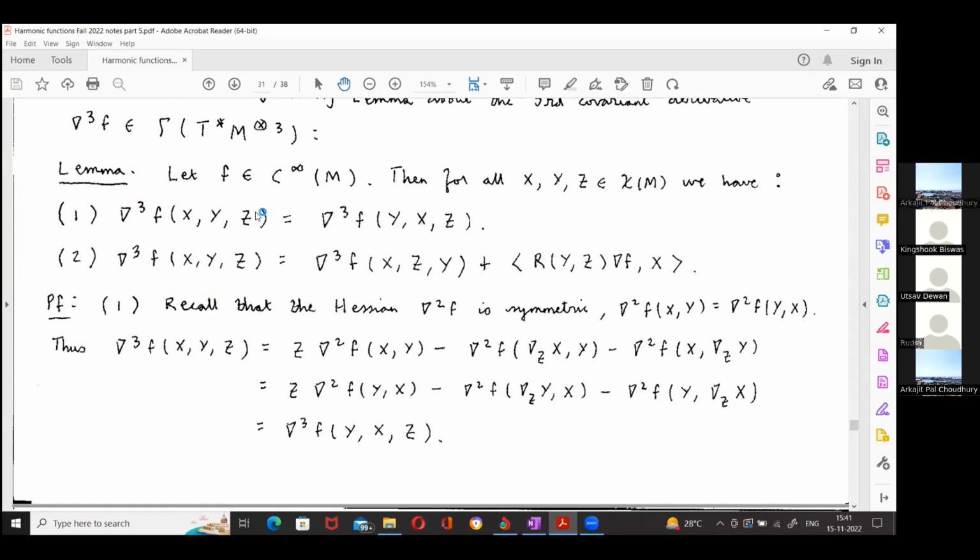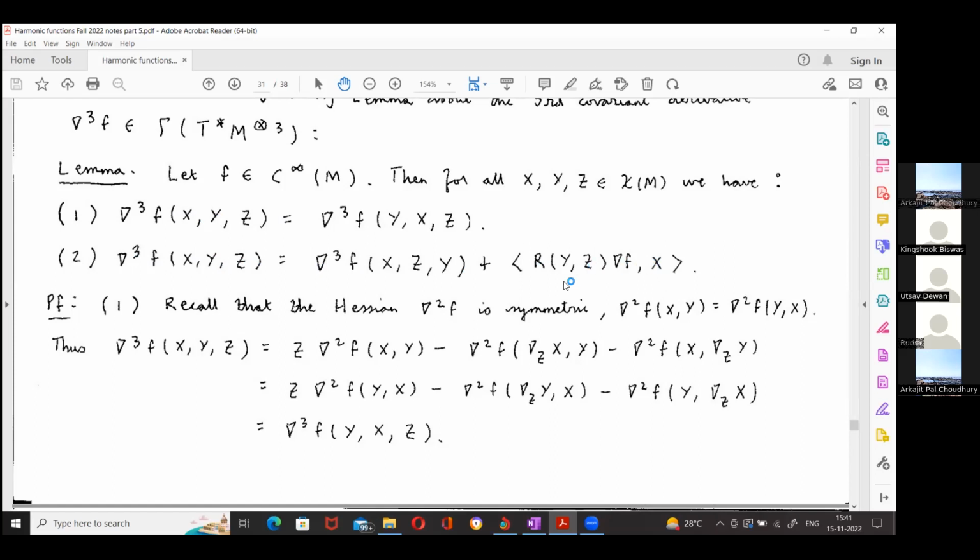This is like the symmetry of the Hessian; in fact, it comes from the symmetry of the Hessian. But what happens if I interchange Y and Z? Nabla cubed f of (X, Y, Z) is nabla cubed f of (X, Z, Y) plus a curvature term, R(Y, Z, grad f, X). All right?